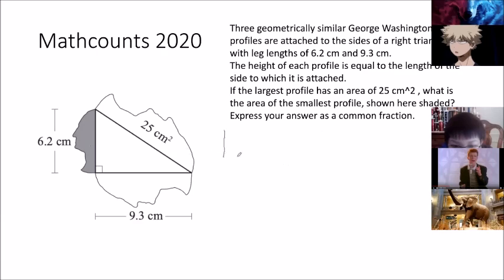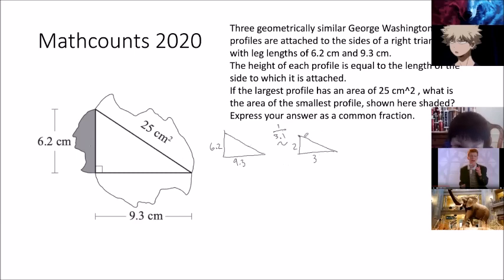So this right triangle, this 6.2, 9.3 triangle, is actually similar to this triangle, 2, 3. And the ratio is 1 over 3.1, right? Because 6.2 is just 2 times 3.1, and 9.3 is 3 times 3.1.